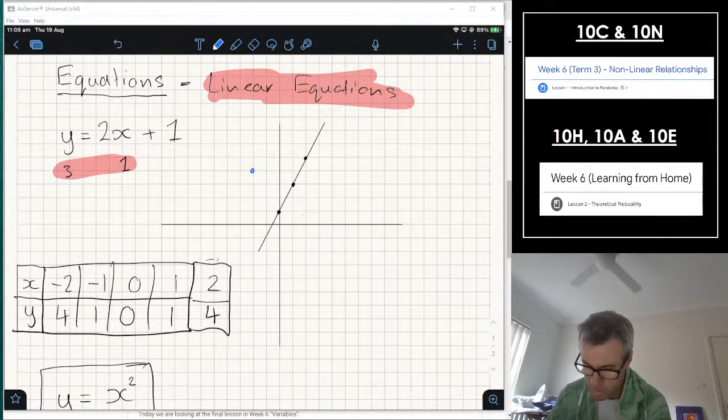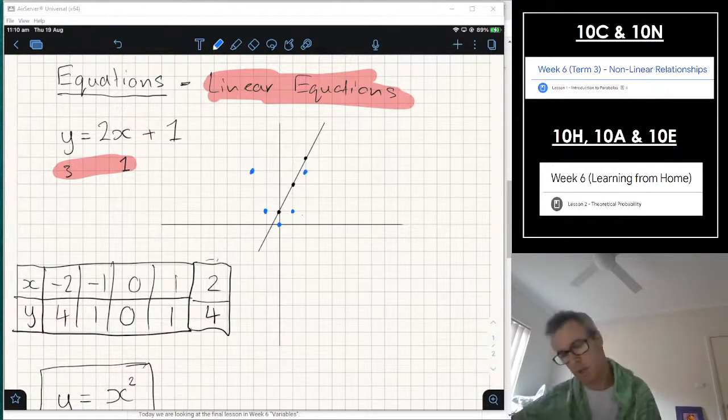So that's there. When I've got -1, y is equal to 1, which is there, right? When x is 0, y is also going to be 0. And then the opposite is true, like so.